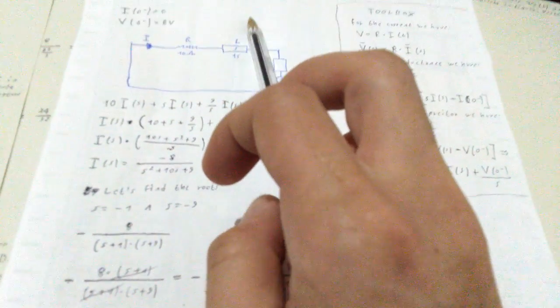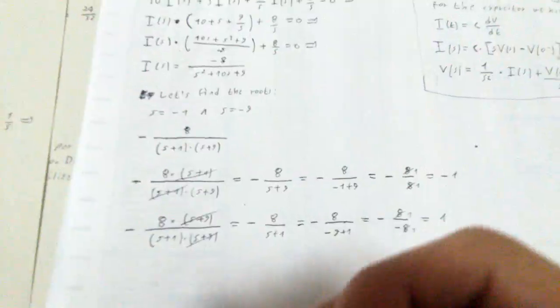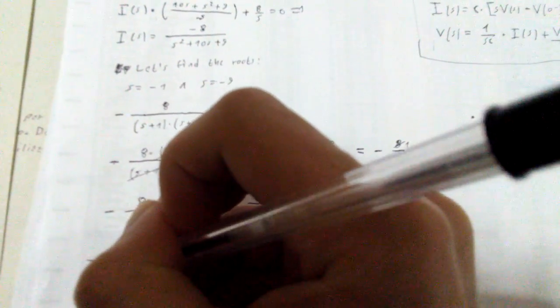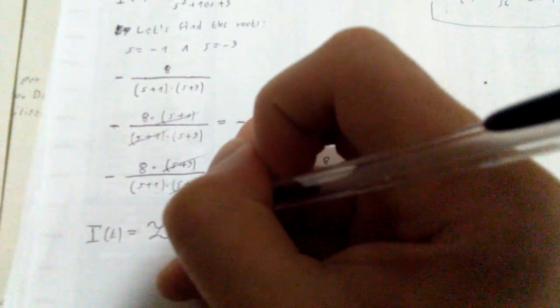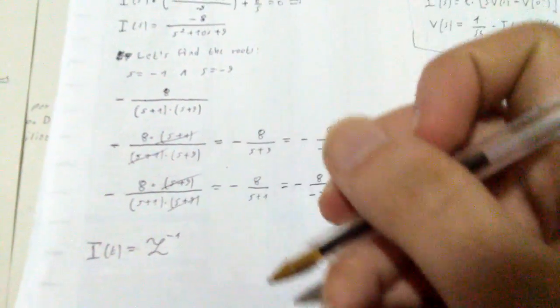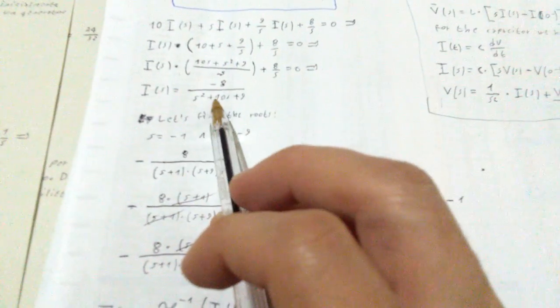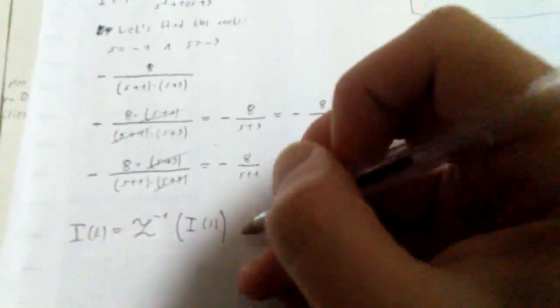The problem was just asking us to find it. So basically, we're going to have it equal to the Laplace transform to the negative 1, so the anti-transform of this guy here that we had just found.